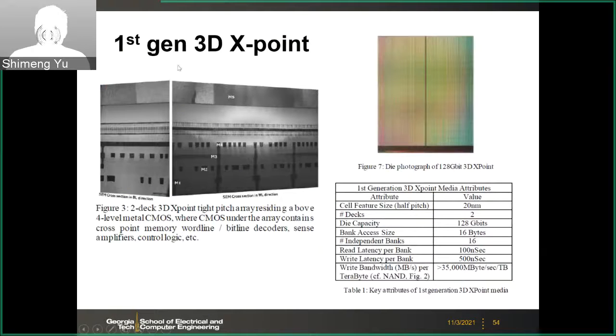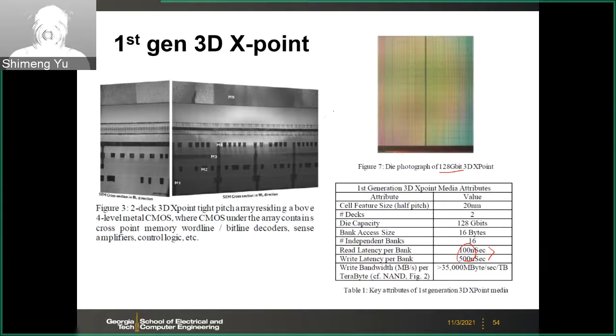And this is the first generation 3D XPoint. And here are more details in terms of the latency, hundreds of nanoseconds for read and write. So it's faster than the NAND flash. And one chip is 128 gigabits, which is 16 gigabytes.